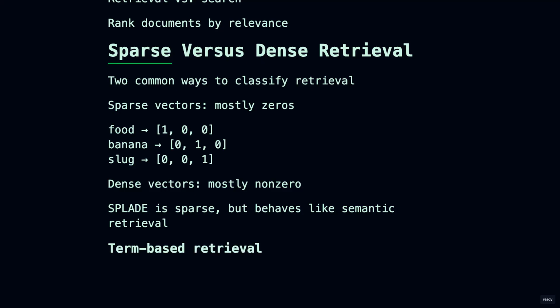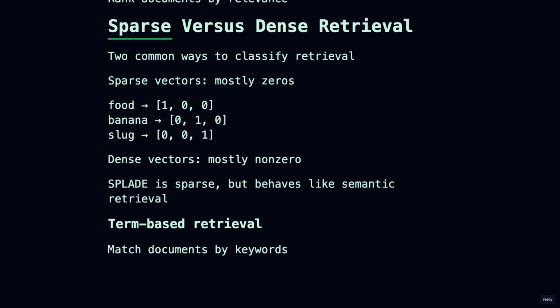Let's start with term-based retrieval. This is the classic keyword-driven approach, and it helps build intuition before we compare it with semantic retrieval. The simplest retrieval strategy is lexical matching. If the query contains a phrase, retrieve documents that contain the same phrase.